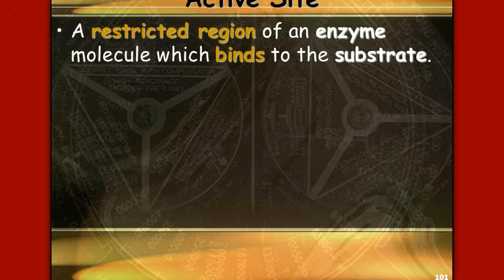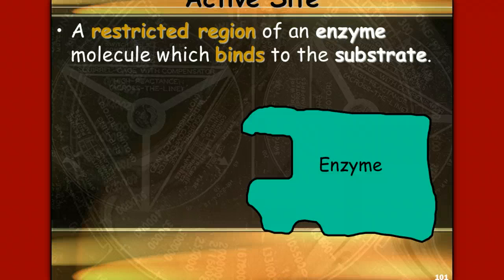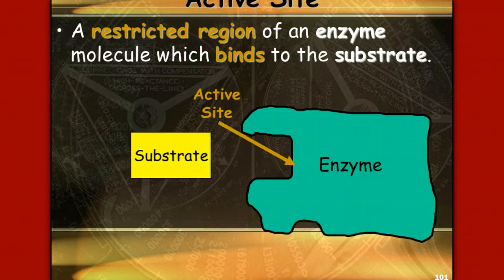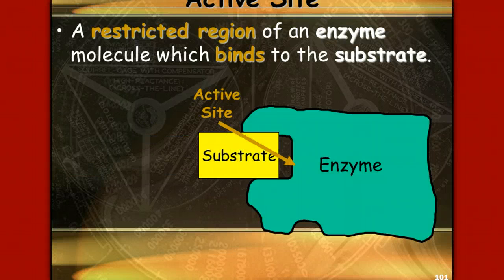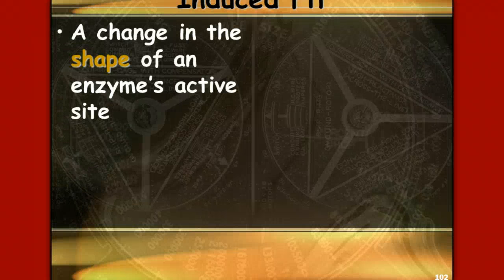So the active site is a restricted region of an enzyme, and the molecule binds to the substrate at that point. So it causes a change in the shape of an enzyme. We call this, and I know that this is cut off at the top of your screen, we call this induced fit.